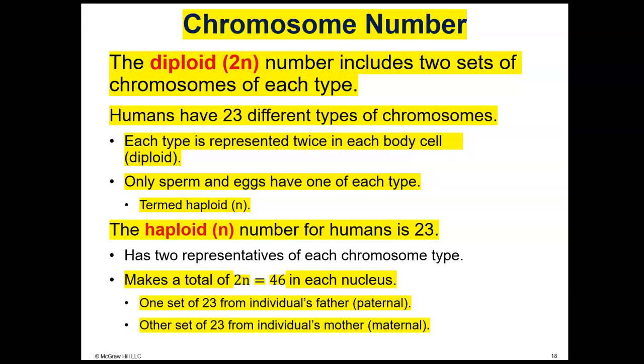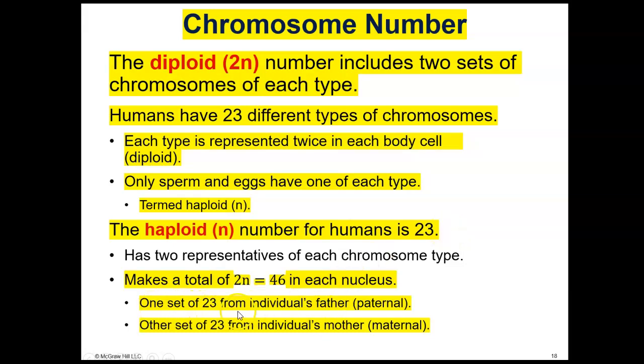What that means is that we get 23 chromosomes from one parent and 23 from the other parent, and that gives us the 46. So our diploid number in humans is 46. The only cells in humans that have the haploid number, which is 23, are sperm and eggs. So the haploid or N number for humans is 23, and the diploid number is 46.